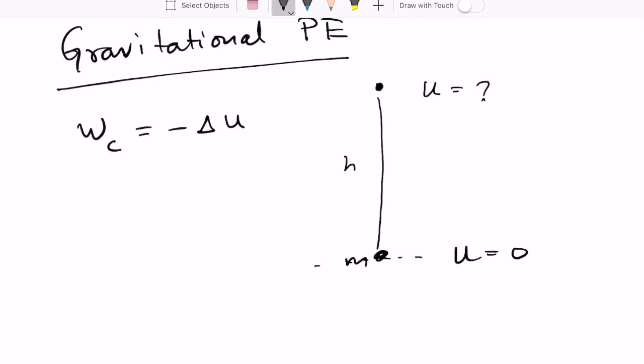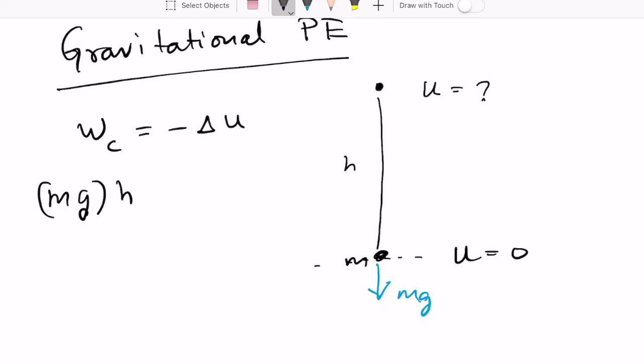It's a constant force, and the object is moving in a straight line, so we can just use the simple formula for work, which is force, that's mg, multiplied by the distance, which is h, multiplied by the cosine of the angle between the force and the displacement. The force is always downwards, and the displacement is upwards, right? So the angle between the force and the displacement is 180 degrees.